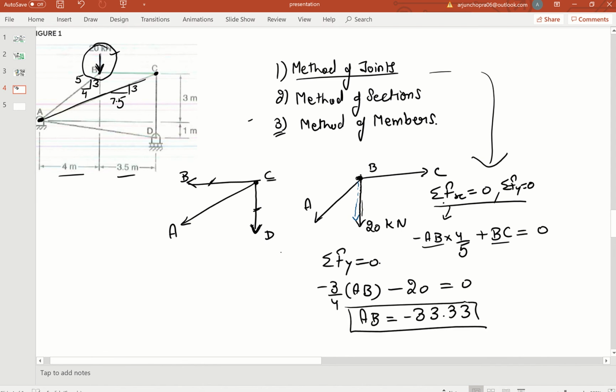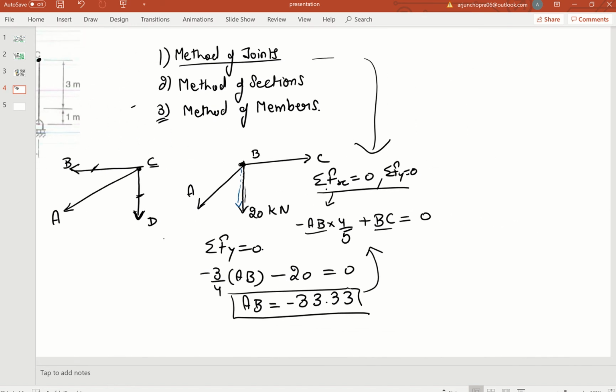Once we got this value for AB, I'm going to put it back in the horizontal equation which we've written earlier. So now this is negative 33.33, and there was a negative with this, so I'm going to put a negative here also. This is really important to understand. If this negative is given to me, I use the negative sign while filling the value into the equation too, times 4/5 plus BC equal to 0.